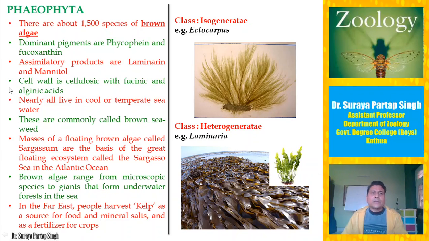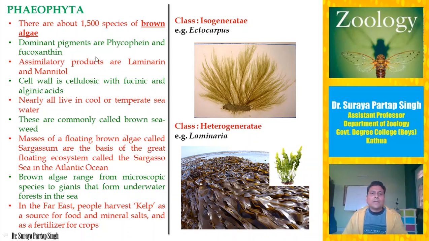Regarding some of the characteristics of this division Phaeophyta, in them the dominant pigments are phycophaein and fucoxanthin. These pigments are brown in color, and because of this brown pigment, you can see the brownish color in this algae. So because of that, they are called the brown algae.